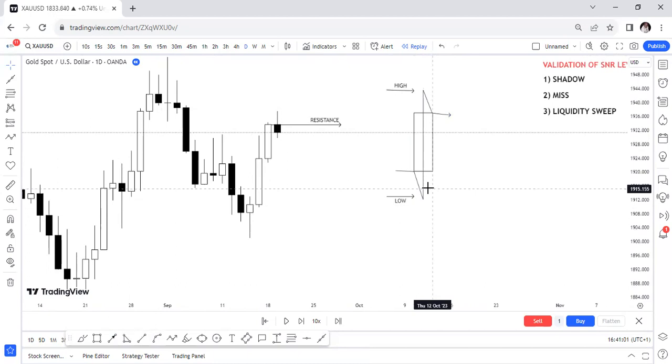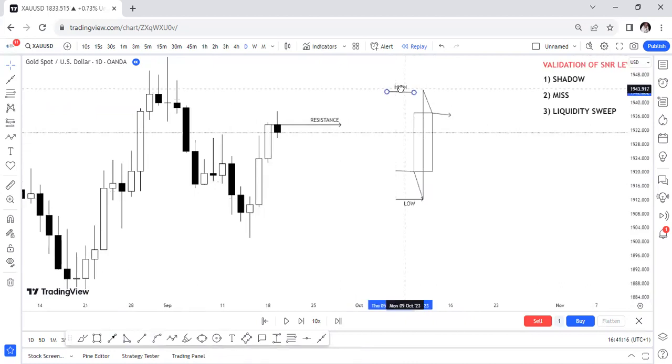So that's how a candlestick is formed. The range from this low to this level will be formed as a wick, what we call the shadow. So from this place to this place represents only the body.